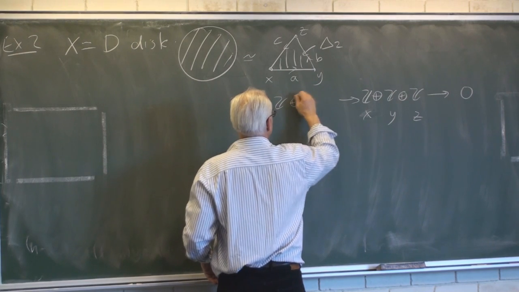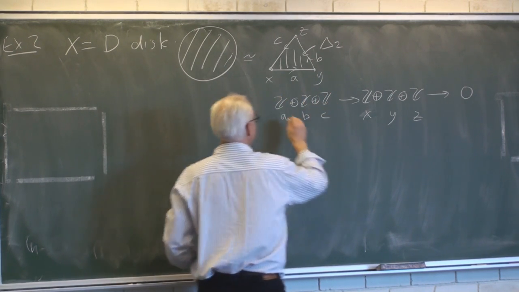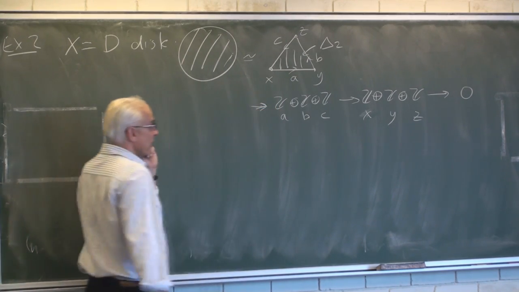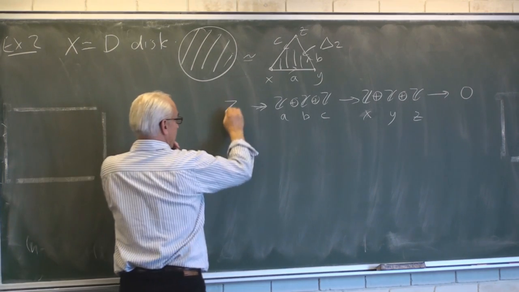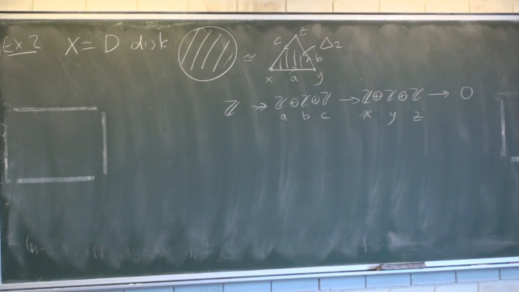Our one-dimensional chains are still spanned by A, B, and C. And now we have a two-dimensional cell, only one of them, and we should give it a name and an orientation.